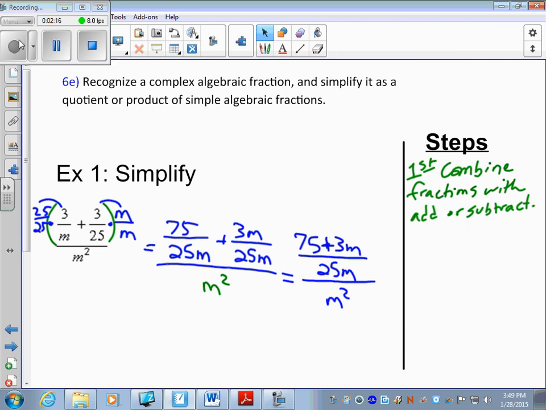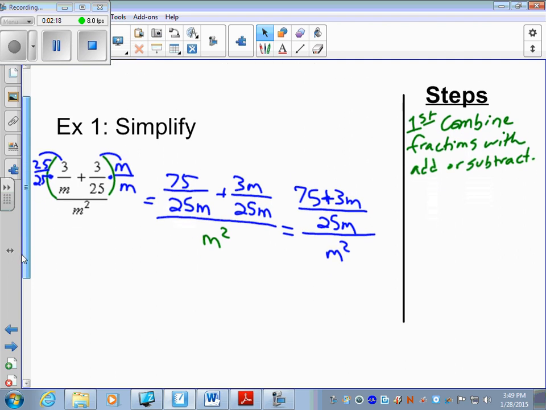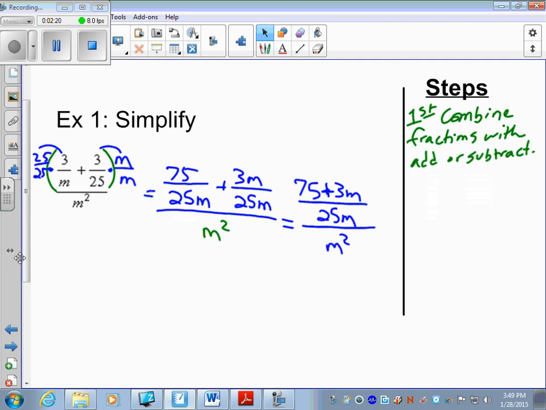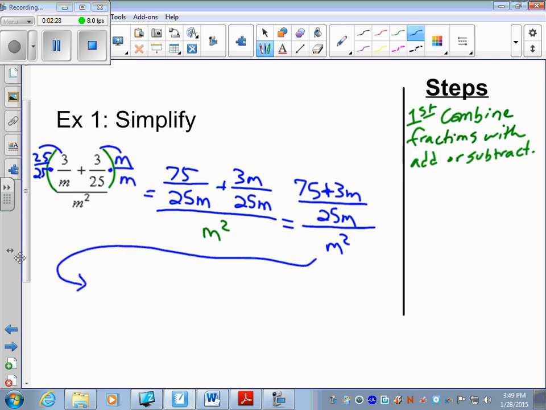At this point, we have fraction over fraction, and what we're going to do is KCF, but it might be easier to look at this complex fraction as 75 plus 3m over 25m, and this division, I'm going to write it as division by m squared.